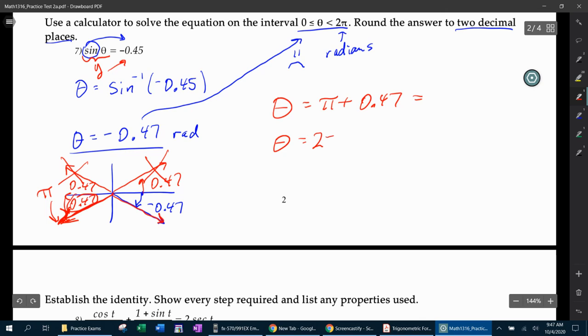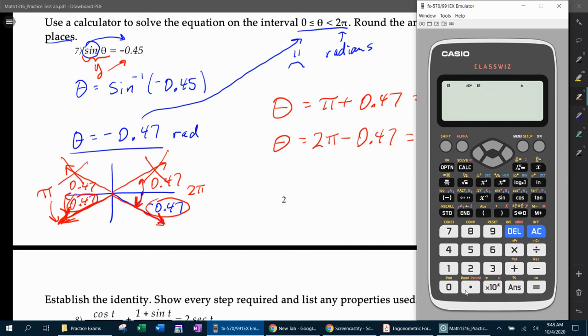Or if I'm at 2 pi and I back up 0.47, I'm also going to get a correct angle. Do you see that? If I'm at 2 pi and I subtract, I go backwards, negative 0.47, I get this quadrant 4 angle. So let's pull up our calculator and see what those work out to be.